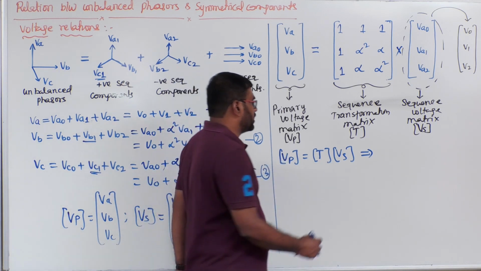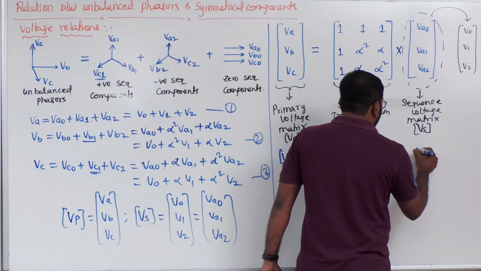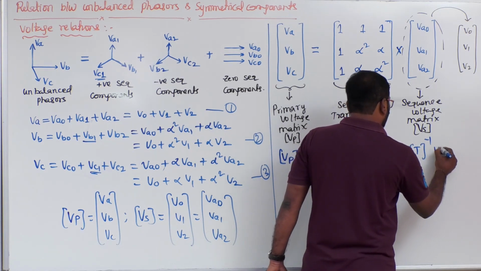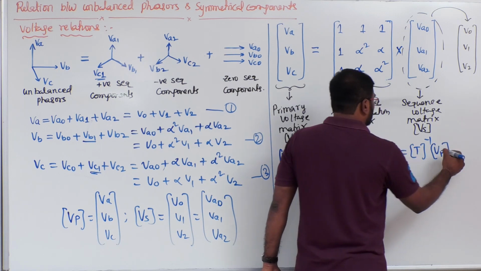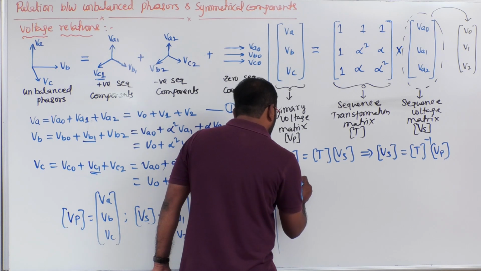From this I want Vs. If I want Vs, I can write like this: Vs equal to T inverse of Vp. What is T inverse? I am directly writing, sir.